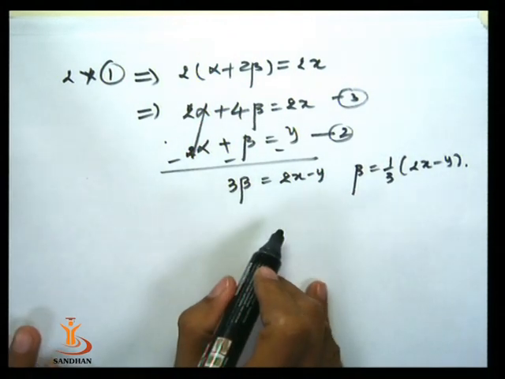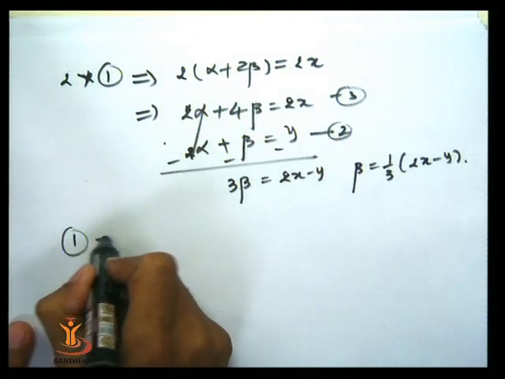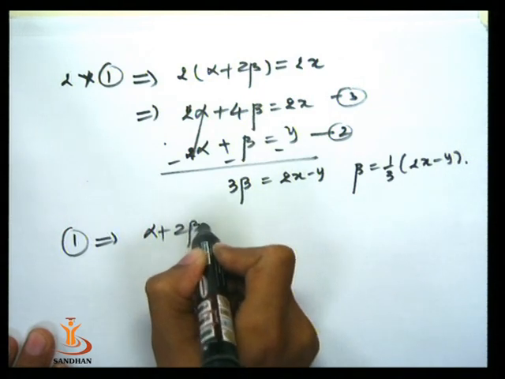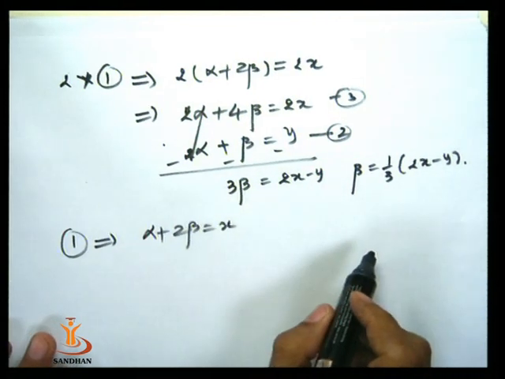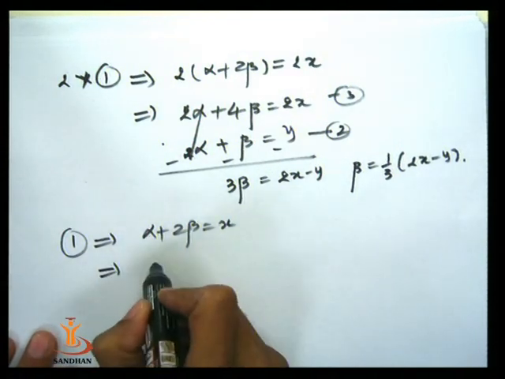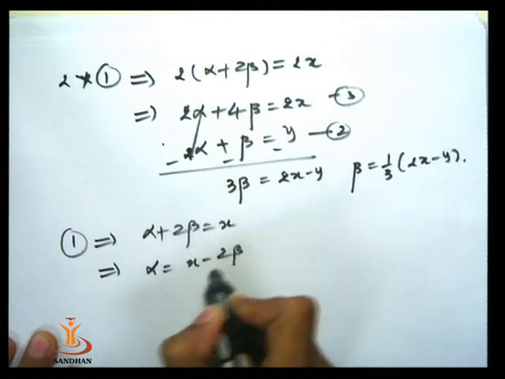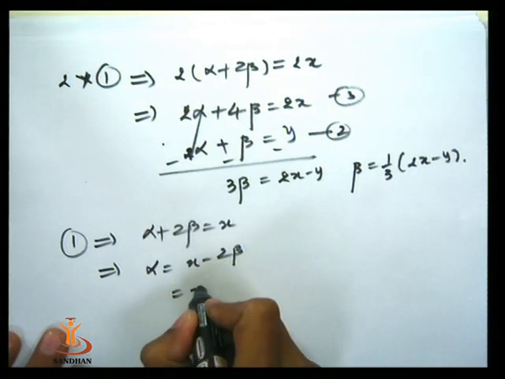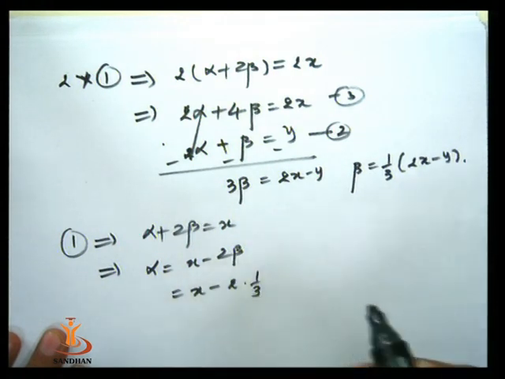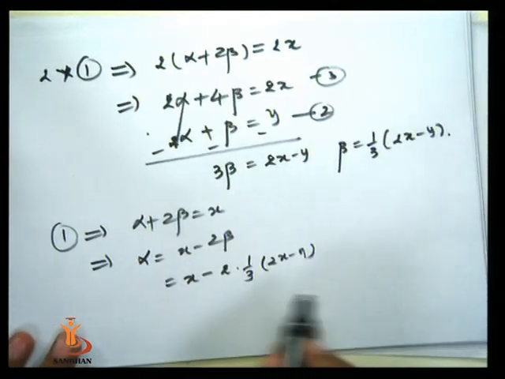Now from equation 1, we have alpha + 2 beta = x. Putting the value of beta here, we can obtain alpha. So alpha = x - 2 beta, and this is equal to x - 2 times 1/3 times (2x - y).